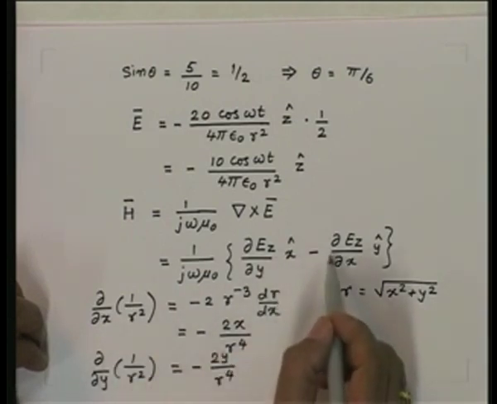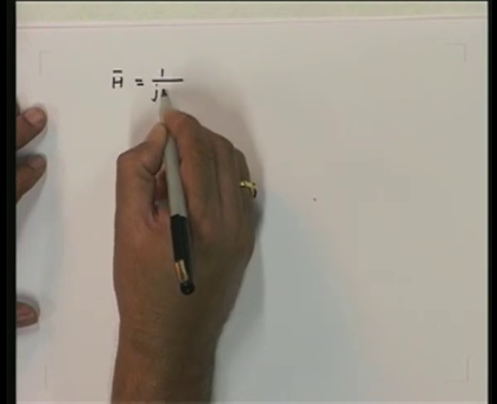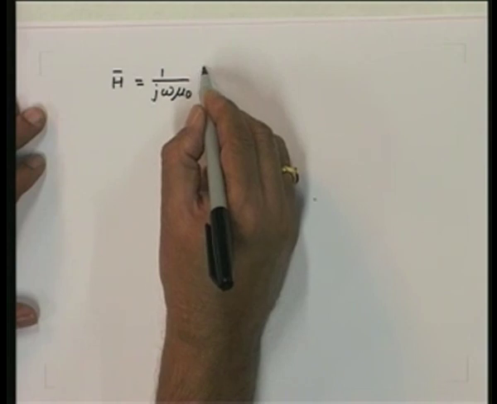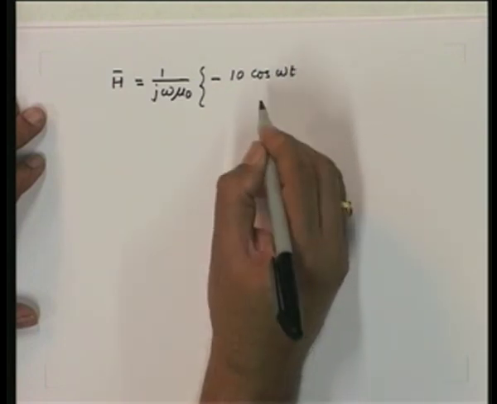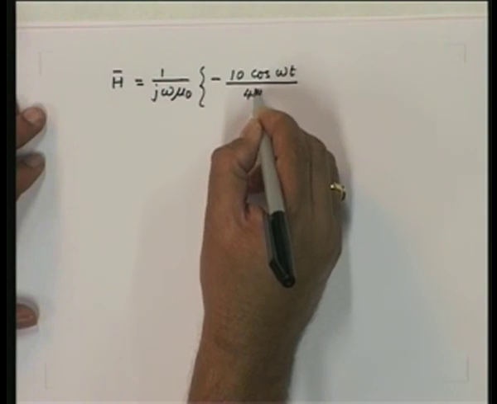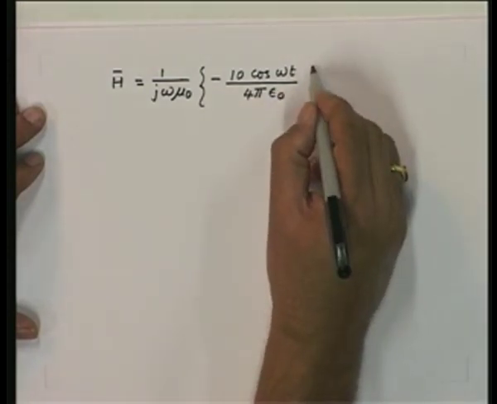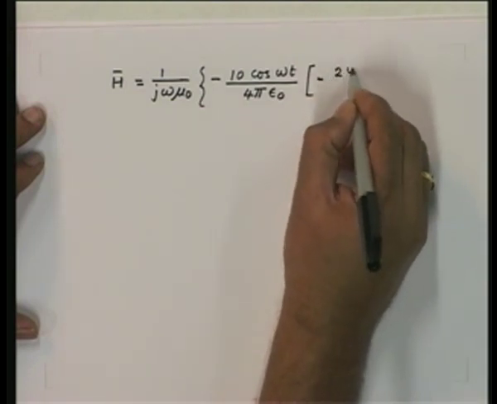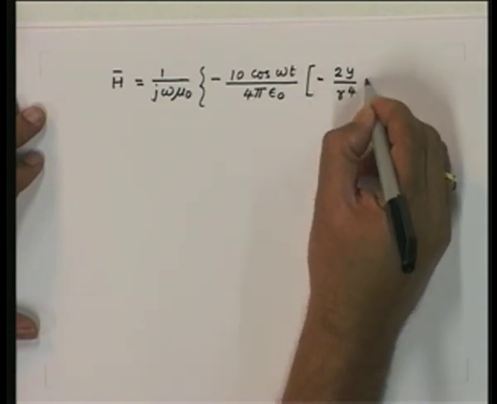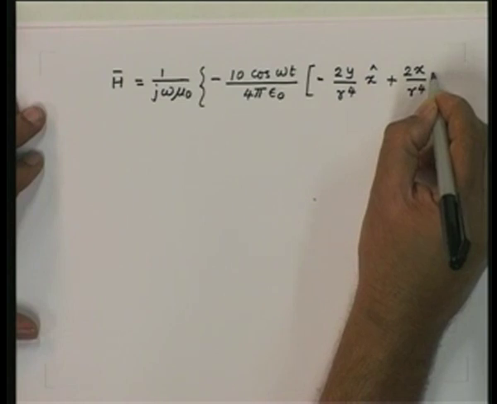So I can take this quantity and substitute into this, and then I can get the vector magnetic field H, that will be equal to 1 upon j omega mu 0 into minus 10 cos omega t divided by 4 pi epsilon 0 into minus 2y upon r to the power 4 x cap plus 2x upon r to the power 4 y cap.